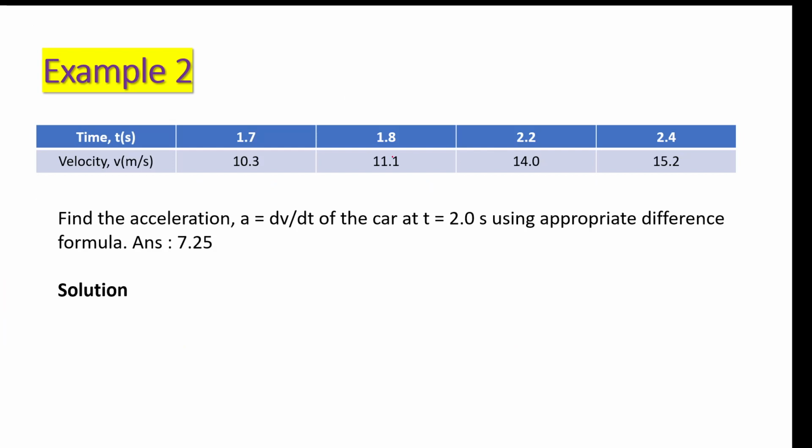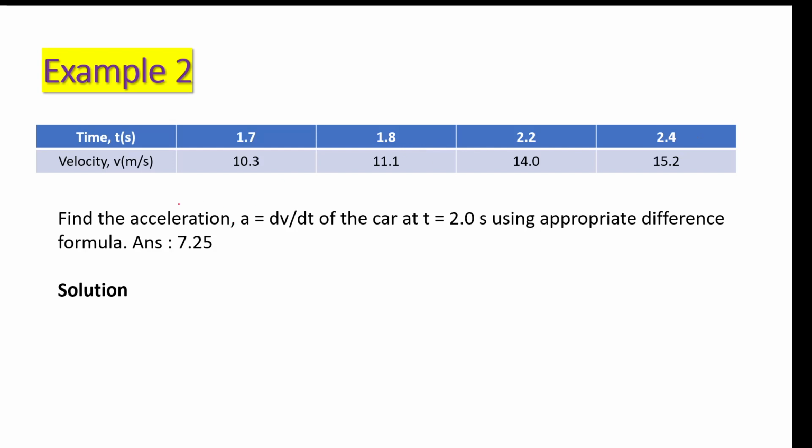Okay, example 2, you have the data of time and velocity, meaning velocity at different times. The velocity is in meters per second, the time is in seconds. So you have the times 1.7, 1.8, 2.2, 2.4.